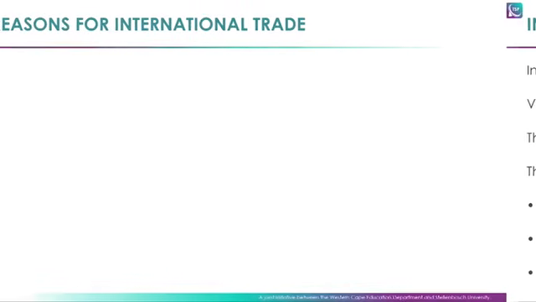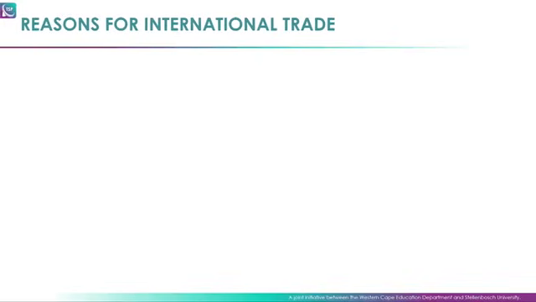Now, why does international trade exist? And this is one of the possible essays for paper 1, and this is the possible essay from this chapter, the reasons for international trade, and we are looking at the demand reasons, and later on we will be looking at the supply reasons.